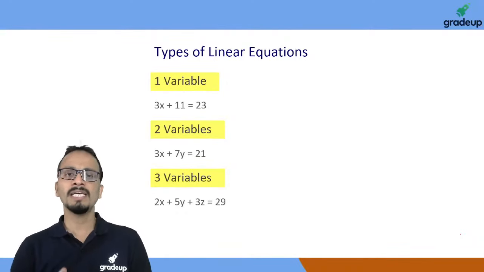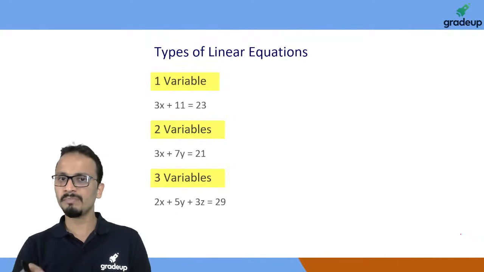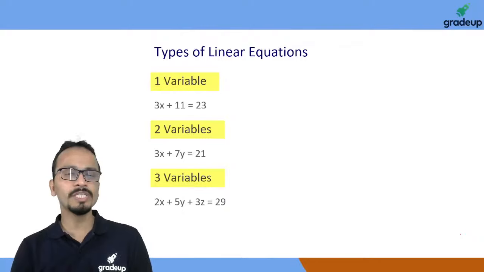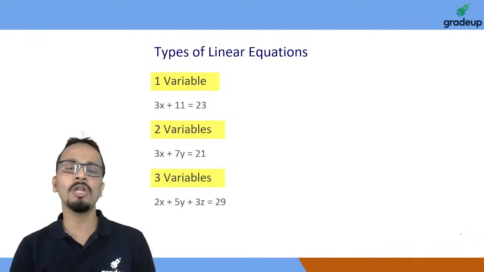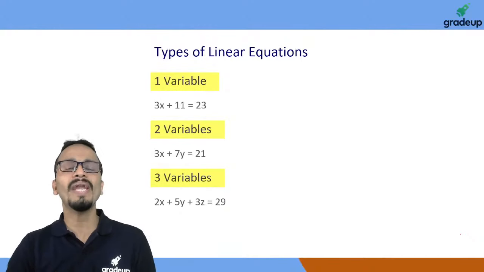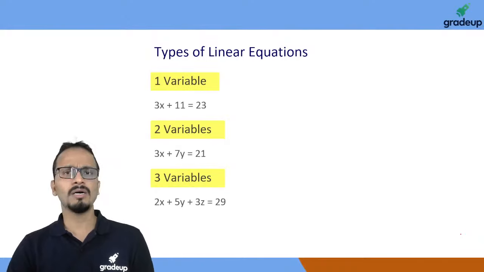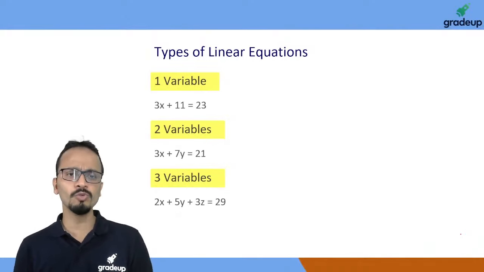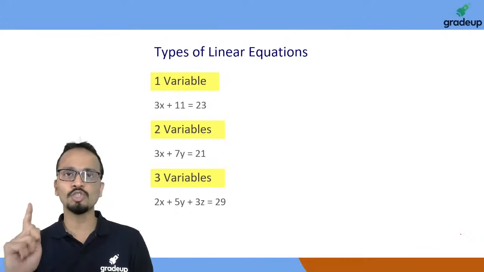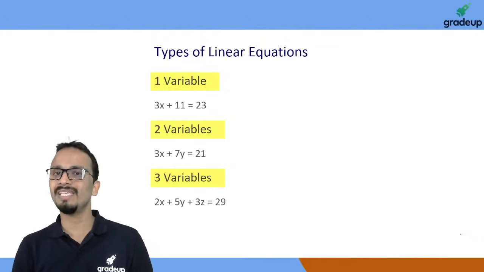Likewise, in a linear equation, there can be any number of variables. The number of variables is not at all restricted. You may make a linear equation using 20 variables as well. That doesn't matter, but the highest degree of the equation has to be 1 in order to qualify the equation as a linear equation.